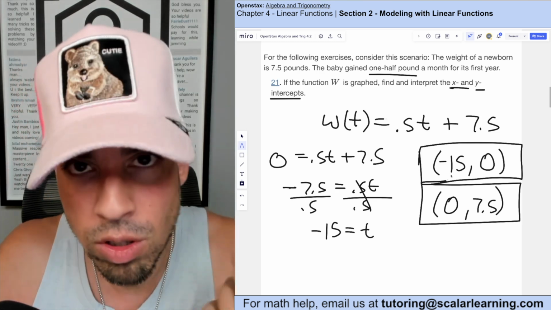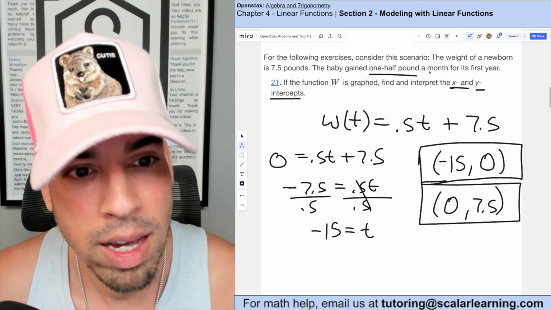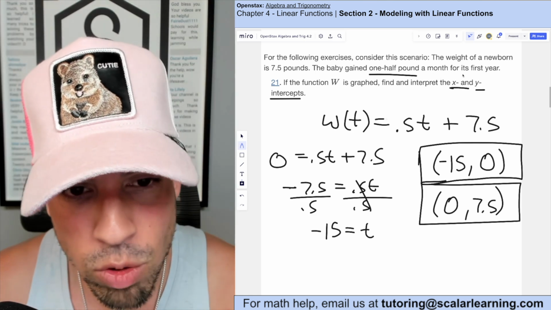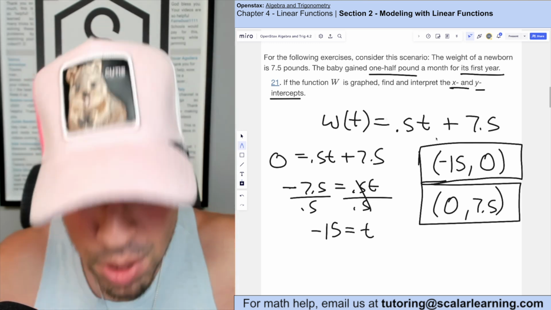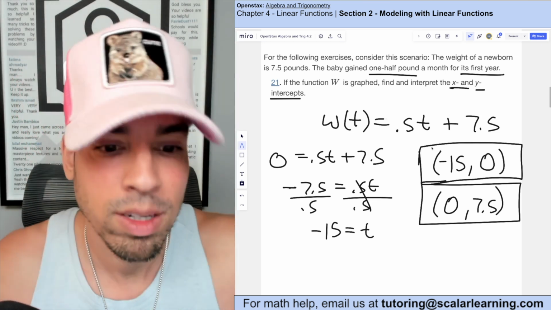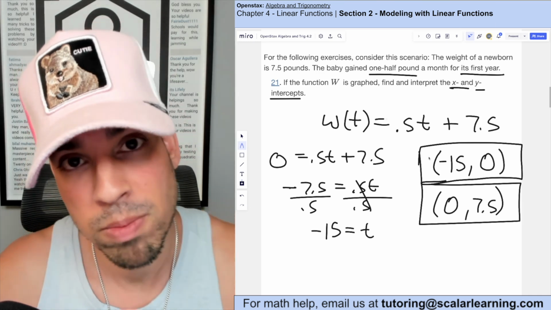Now, of course, we know the gestation period is really 9 months, so this doesn't really make sense. And this model, as it mentions, is meant to apply only to the first year of being born, not back in time. But if you were to interpret it, we would say 15 months prior to being born, it had a weight of 0, boom, done.